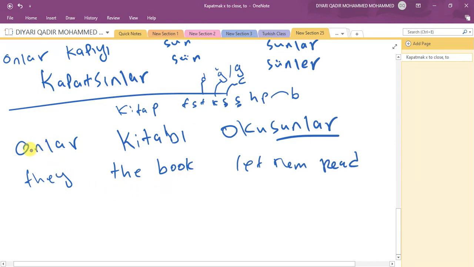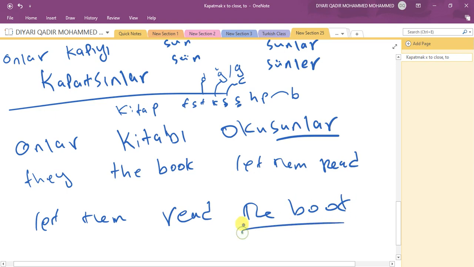No, you just look, some alteration happened. Look, onlar, in English you say let them read the book. Look how it comes. It's like that.